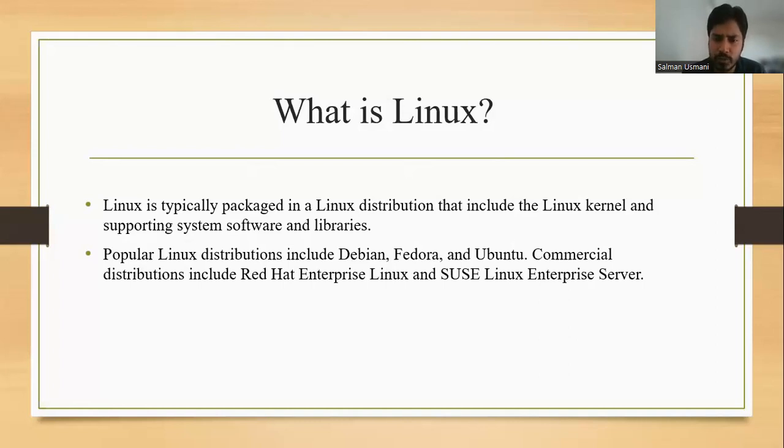These are almost all freely available, but there are also some commercial distributions, more for supercomputing facilities. The best examples are Red Hat Enterprise Linux and SUSE Linux Enterprise Server. So these are the commercial distributions.